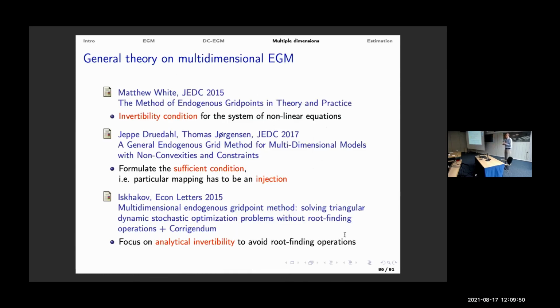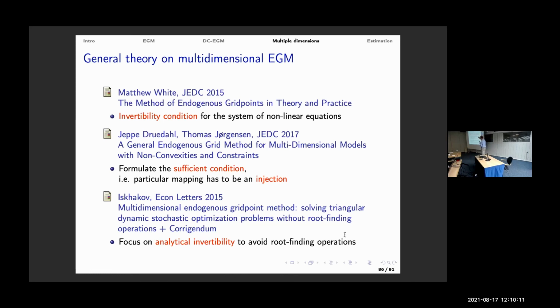Now, a separate question is, can we write theoretical conditions for the class of models which can be solved by EGM? Because I hope you all got the idea that if your model fits EGM, you should use EGM in some flavor. There have been several papers on that as well.